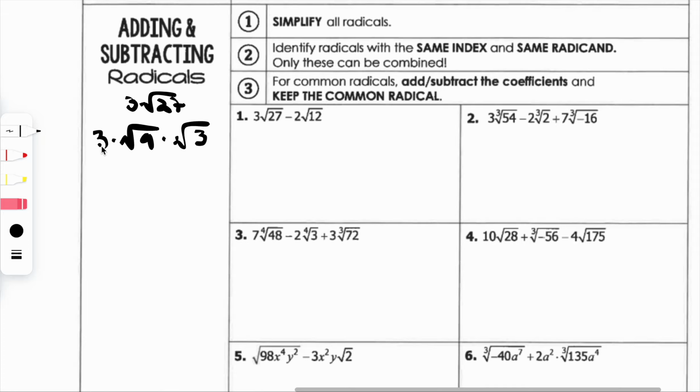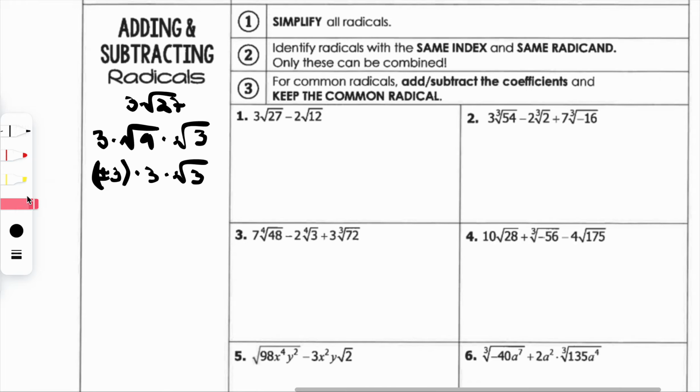Now, the square root of 9 is equal to plus or minus 3. So I'm going to switch these two. But in this case, we would not really say plus or minus 3.